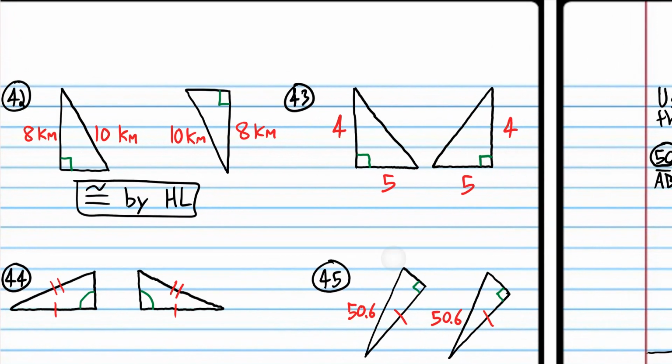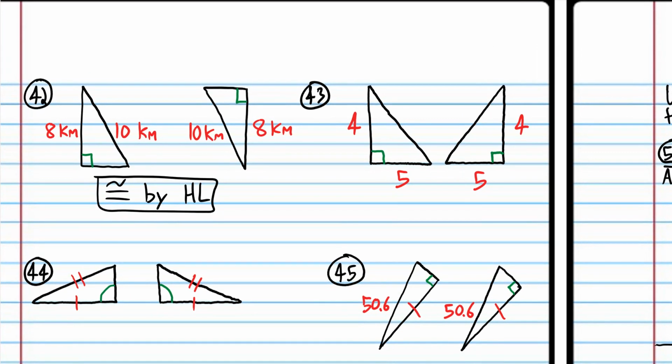Let's do another problem. We have right triangles, so we might be able to use the hypotenuse-leg congruence theorem. But notice that we don't have a hypotenuse. The side opposite the 90-degree angle, we don't have that side. We actually have the legs. The legs are congruent.